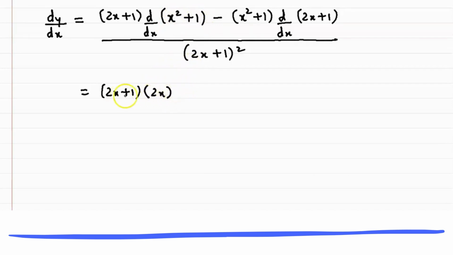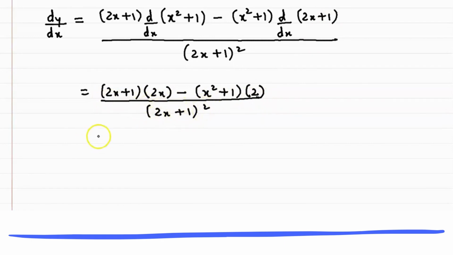So we have (2x plus 1) into 2x minus, now this bracket remains the same, that is (x square plus 1) into, again applying the addition rule, so 2 times derivative of x. Now derivative of x is 1. So basically it's 2 times 1, which is 2. And derivative of 1 is 0. So we just close the bracket. Divided by (2x plus 1) the whole square.